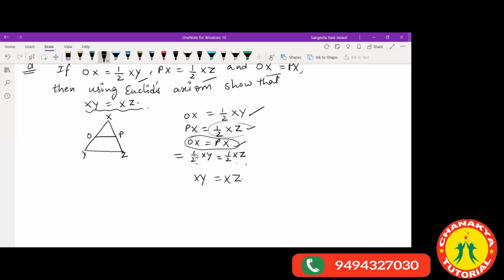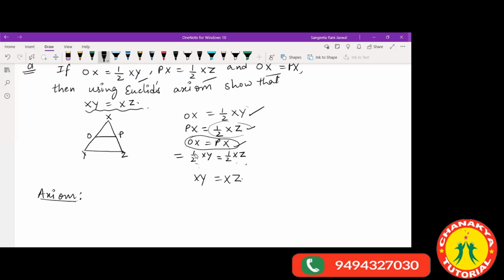Yeah, ma'am. So you can even say that things which are double of the same things are equal to one another. And you can also say that things which are equal to the same thing are equal to one another. That also you can say. So both ways you can say. Have you understood this? I'll just write down. Just now, somebody said things which are double of the same things.